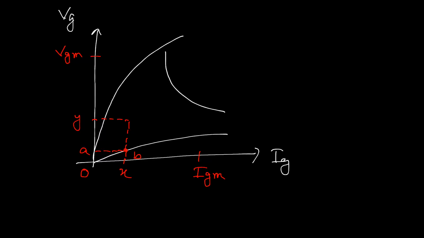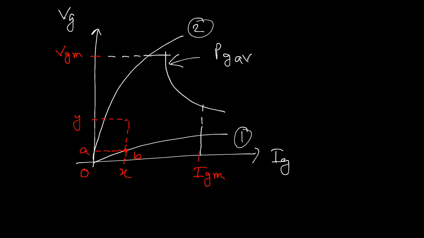If we consider this one is suppose curve 2, this one is suppose curve 1, and this is the average power from the given value of Ig and Vg, which is defined by PGAV or average gate power, then we can conclude this is the line and this is the line.